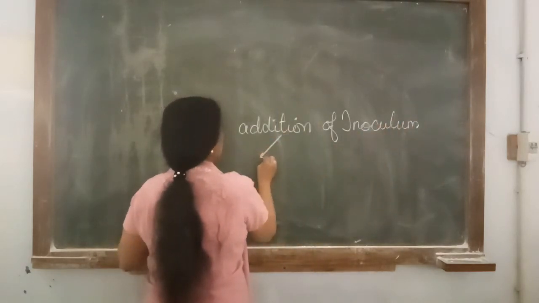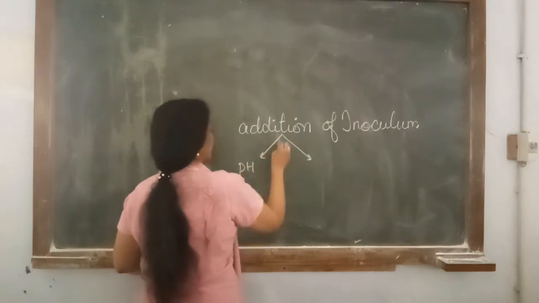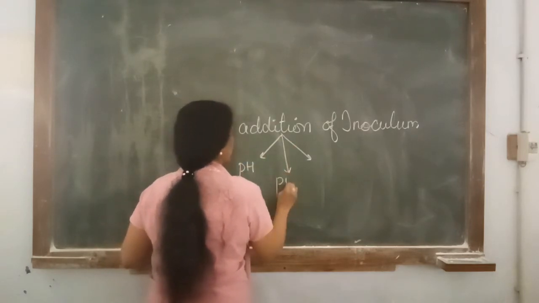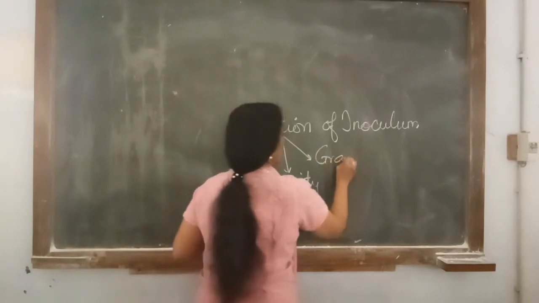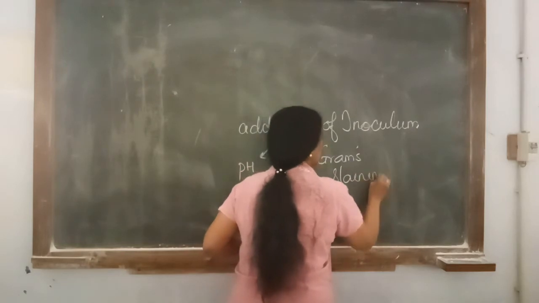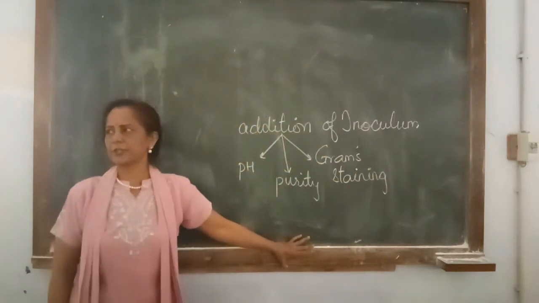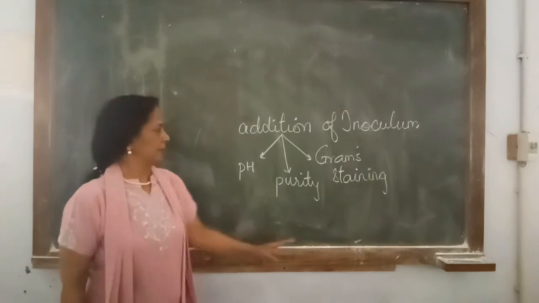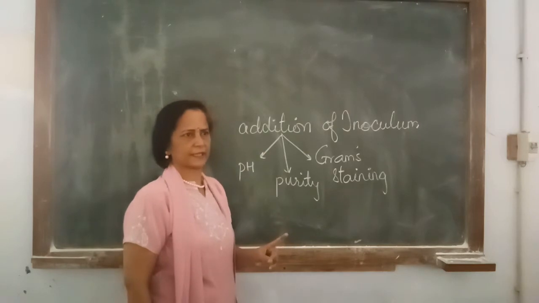Then we go for checking of pH, checking of purity of culture, and performing gram staining. These three components are to be repeated for 3 to 4 days.